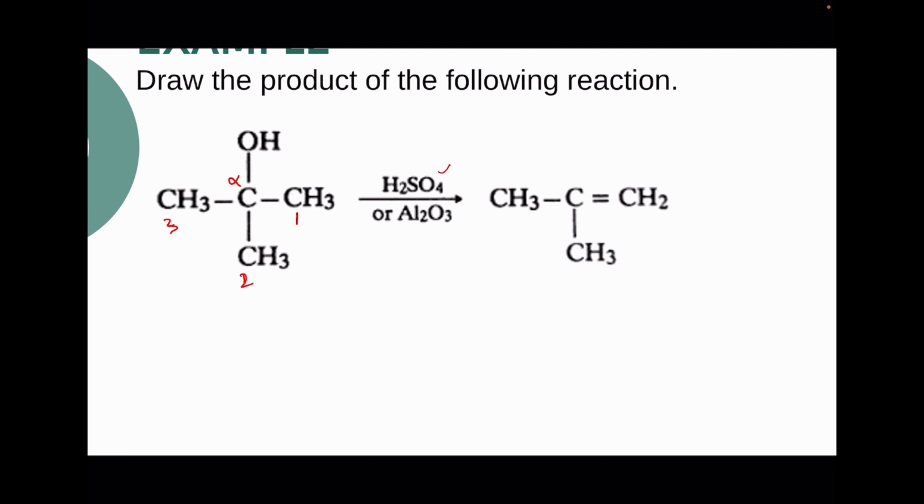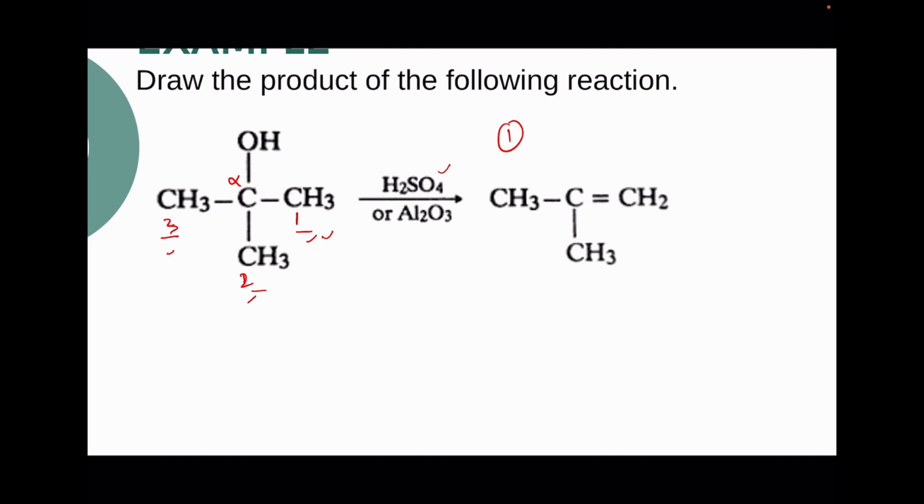However, all of the adjacent carbons have the same structure, so the dehydration produces only one product, with the C=C at any carbon, either carbon 1, 2, or 3.